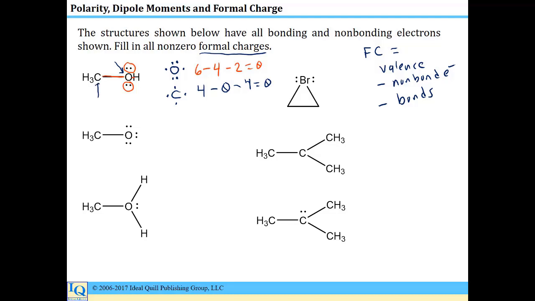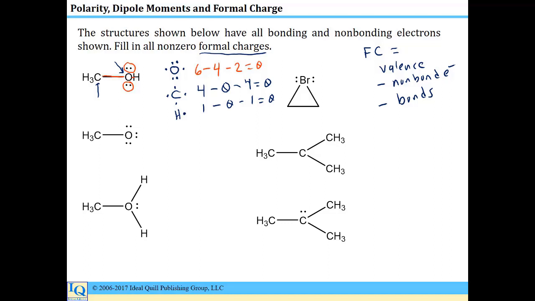So a carbon bound to 3 hydrogens and oxygen has a formal charge of 0. Hydrogen, of course, is the first atom in the periodic table. It's in column 1. It has 1 valence electron. If it makes 1 bond and has no non-bonding electrons, no lone pairs, it's going to have a charge of 0 as well. So in the first structure, there are no non-zero formal charges.